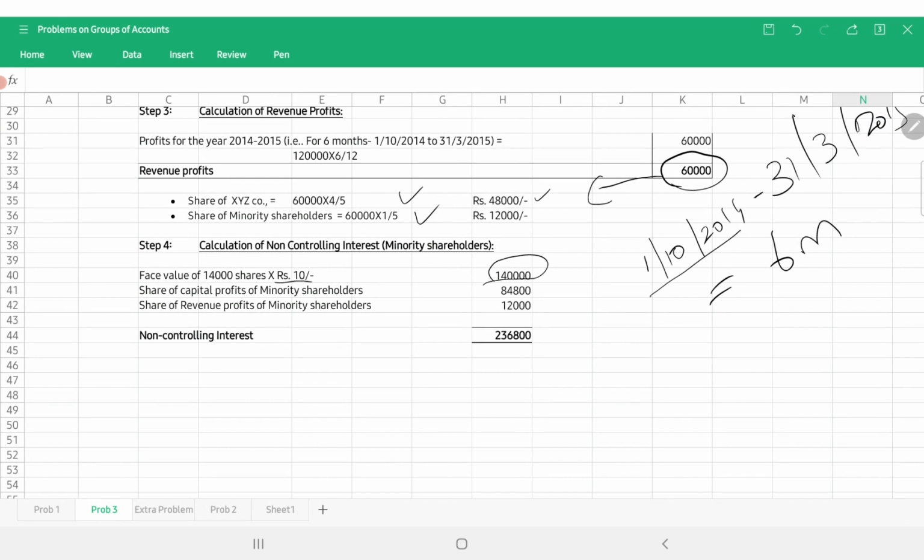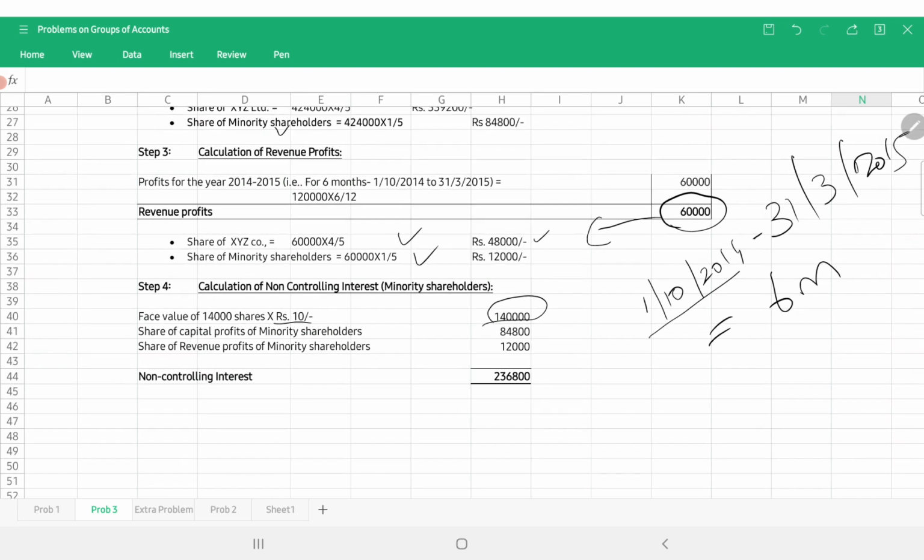Take that, add the capital profit, and add the revenue profit. We got capital profit and revenue profit; we did not get any capital loss or revenue loss. If the revenue figure came as minus 60,000, then it would be a capital loss, but here it is positive, so we are considering it as revenue profit.